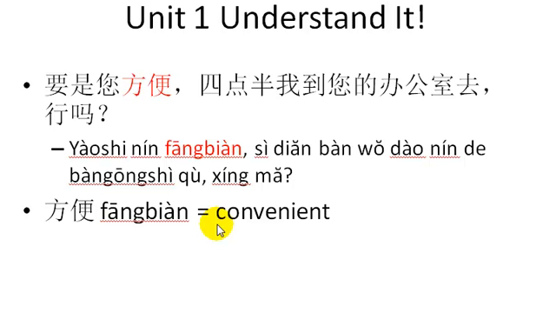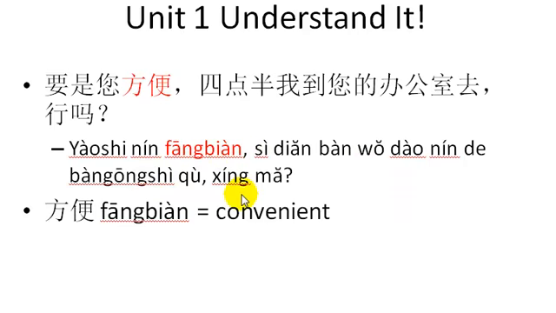Chinese love to eat instant noodles, and the word for instant noodles is 方便面. Convenient noodles is what they call it. 方便 doesn't mean instant, it means convenient. It's just they call their instant noodles 方便面. Okay, so 要是您方便, so if you are convenient, 要是您方便4点半我到您的办公室去行吗?